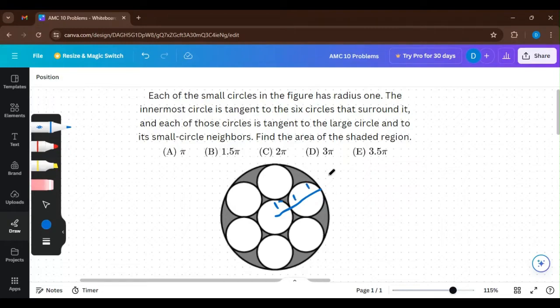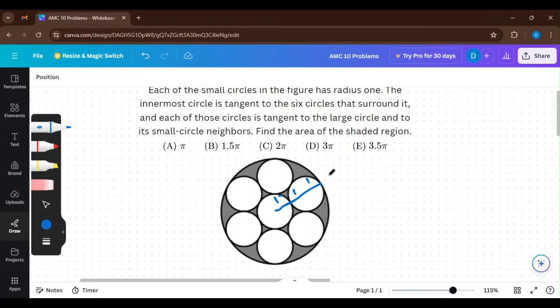And then it says the innermost circle is tangent to the 6 circles that surround it. That means we know that the circles are touching. So they don't have anything in between, so we don't have to consider that an option. We can just say 1 and 1 if we want to connect the radiuses.